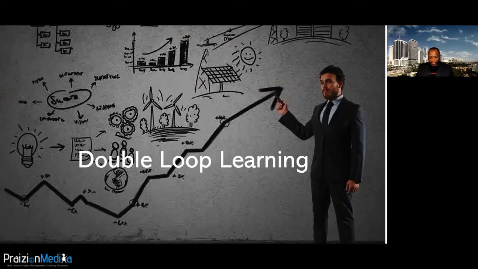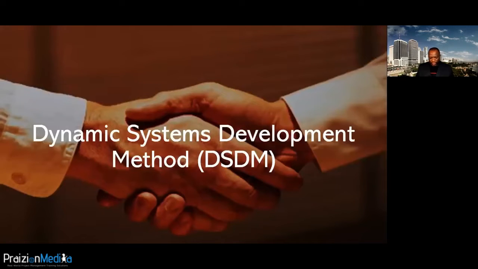Double loop learning, a process that challenges underlying values and assumptions in order to better elaborate root causes and devise improved countermeasures rather than focusing only on symptoms.